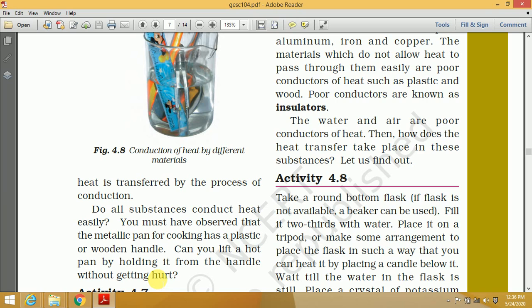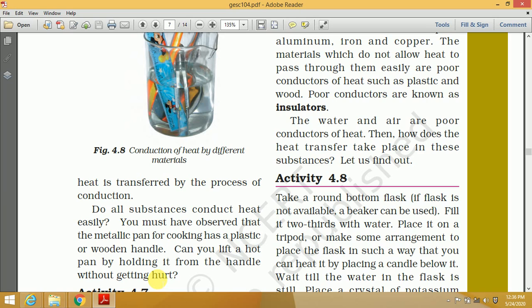But suppose if you have put some wooden spoon inside the hot cup of tea, that would not get heated up. So it means the heat will not get transferred in wood, but heat can easily get transferred in metallic spoon or steel spoon or iron spoon.